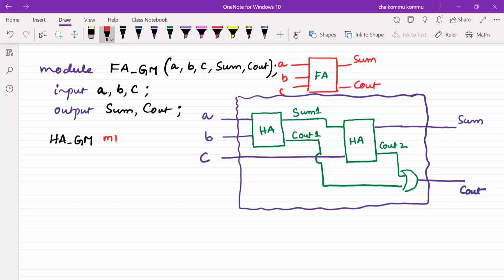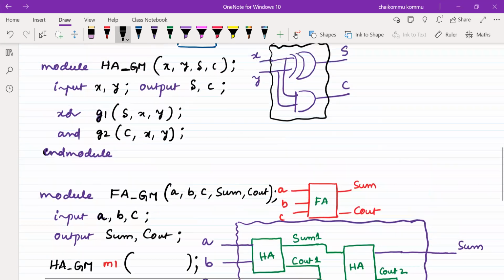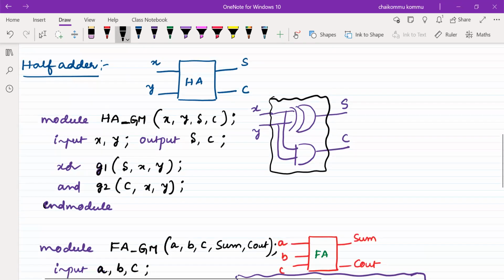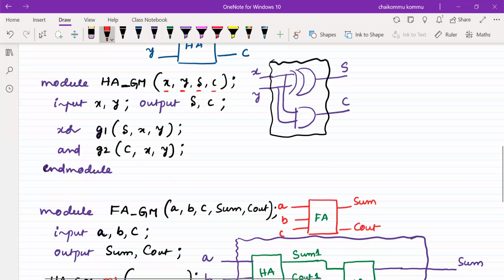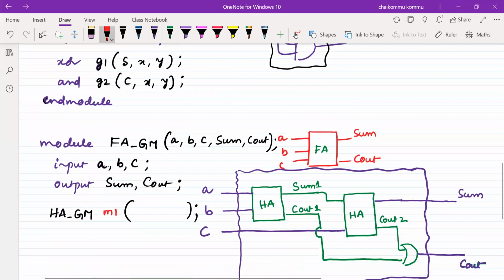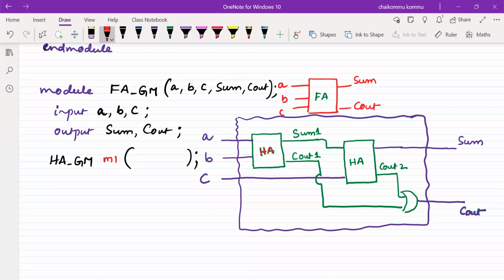Okay, what is there inside of this one? That's what we have tried first of all. Okay, the first is an input, the second is an input, the third one is a sum signal, the fourth one is a carry signal, right? So let us write this half adder first. Okay, so HA. So what is the name of this HA? It's module 1. So it is called M1. This is M1.